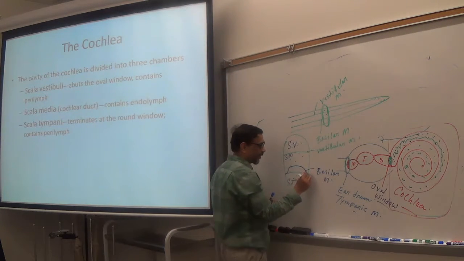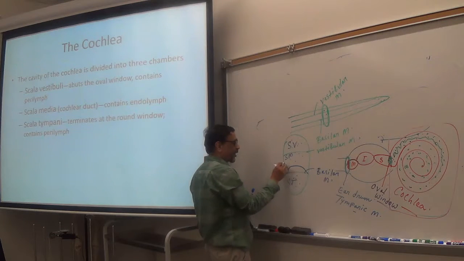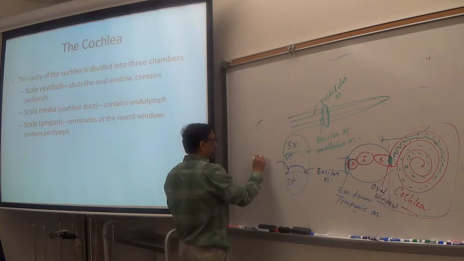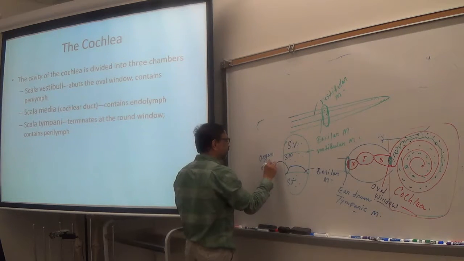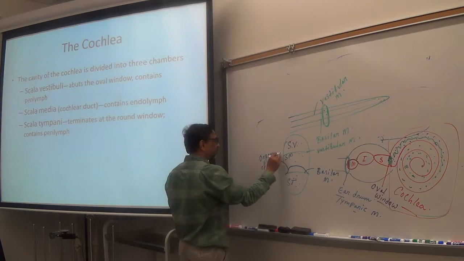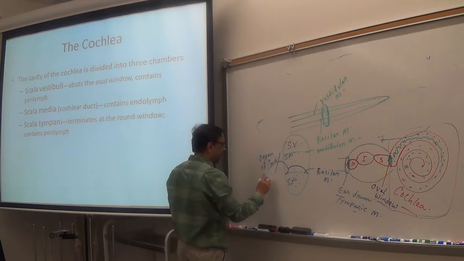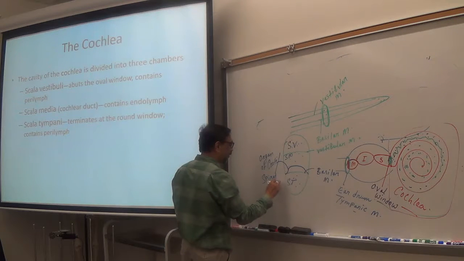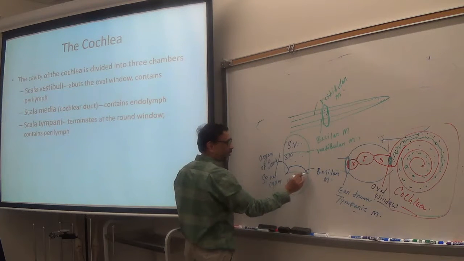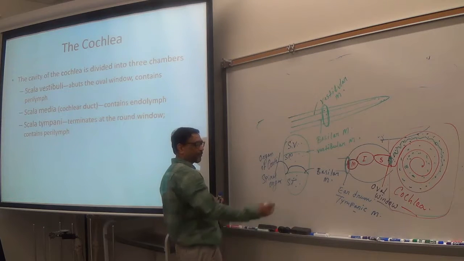On the basilar membrane, you have a structure that is called the organ of Corti, also called the spiral organ, same thing. The spiral organ rests on the basilar membrane.